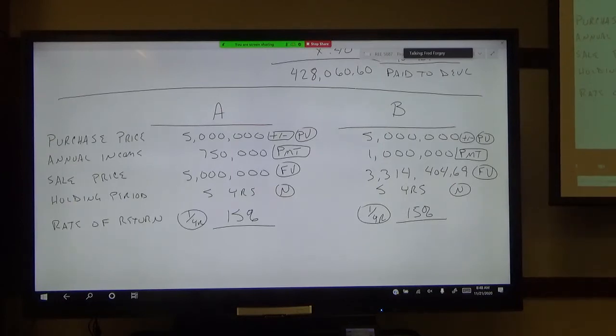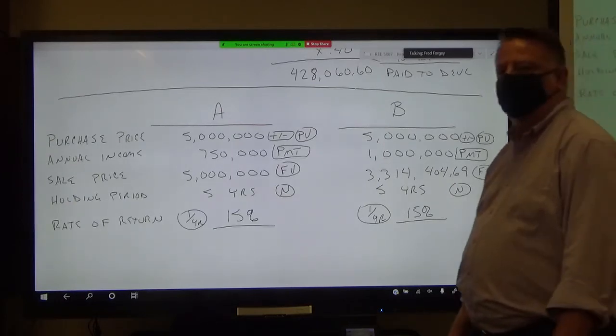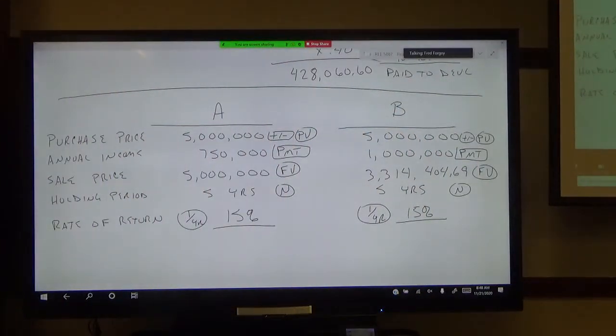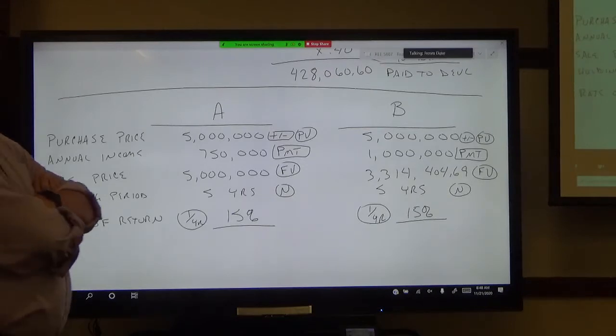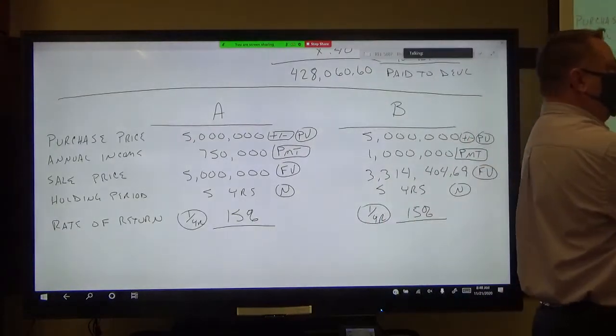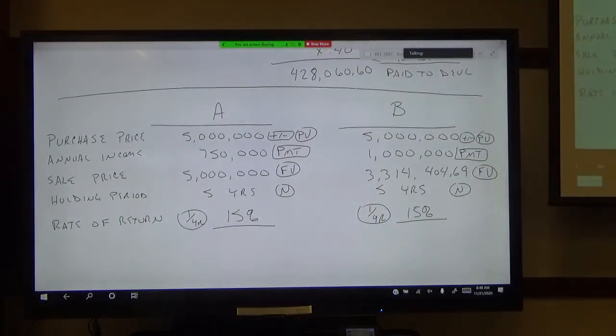Which of these two portfolios of properties has the highest risk? Which of these two portfolios has the lowest risk? Think before you answer.